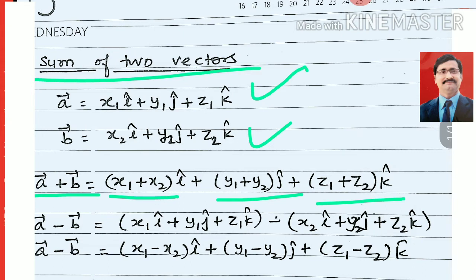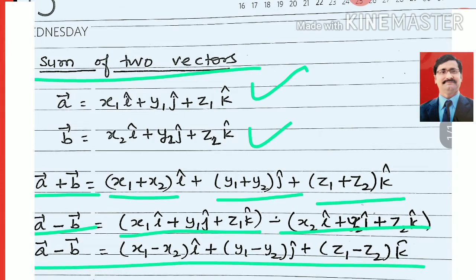So you will get a plus b as (x1 plus x2) i cap plus (y1 plus y2) j cap plus (z1 plus z2) k cap. If you have to subtract, a minus b, you do the same: subtract the i coefficients, the j coefficients, and the k coefficients. You get a minus b equal to (x1 minus x2) i cap, (y1 minus y2) j cap and (z1 minus z2) k cap.